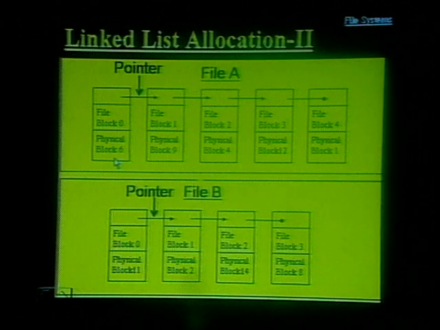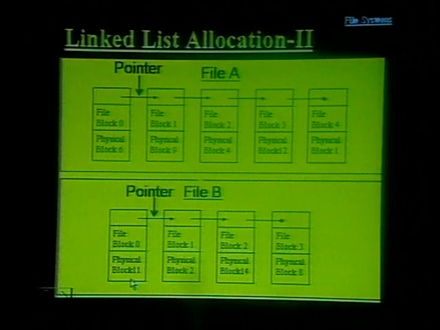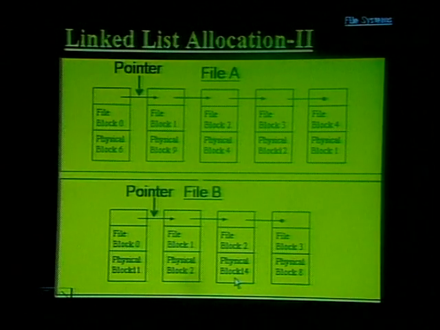File block 0 is on physical block 6, file block 1 is on physical block 9, file block 2 is on physical block 4, file block 3 is on physical block 12, and file block 4 is on physical block 1. Similarly, file B occupies 4 blocks: file block 0 is on physical block 11, file block 1 is on physical block 2, file block 2 is on physical block 4, and file block 3 is on physical block 8.